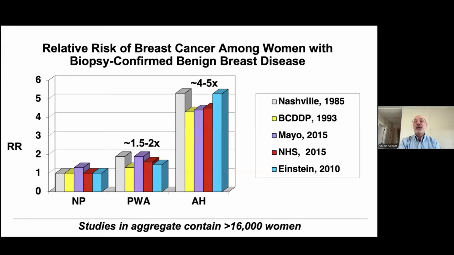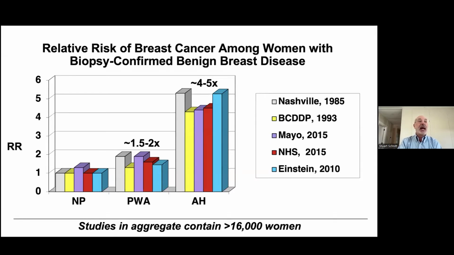Subsequent to the DuPont and Page study from Nashville, which are the bars in gray, there have been four large clinical follow-up studies of benign breast disease and breast cancer risk, which in aggregate contain more than 16,000 women. Despite differences in patient populations and differences in pathologists who reviewed the slides, the results of these studies are very consistent.